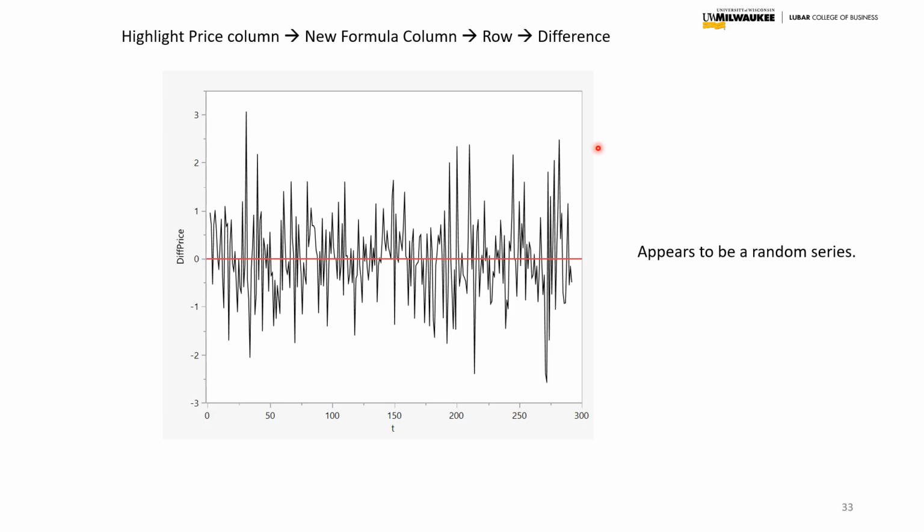What do we see? We see a random series where the changes go up and down, but they look like coin flips. There's no pattern to this series. This goes hand in hand with the random walk model that says changes in prices will behave randomly.